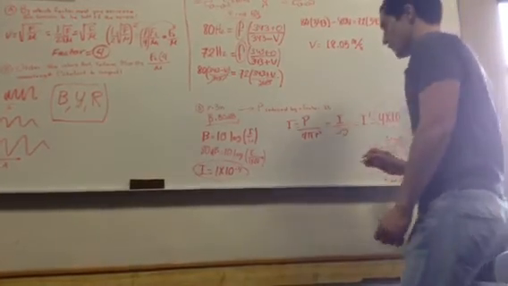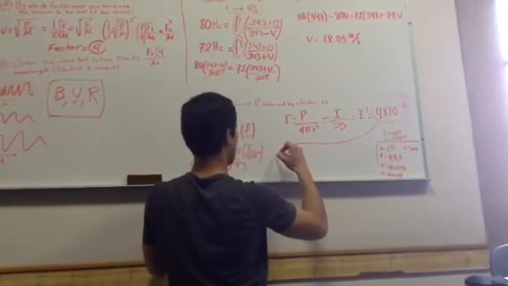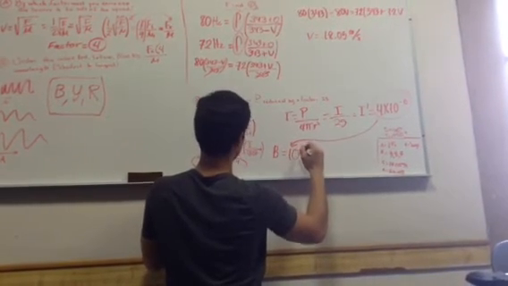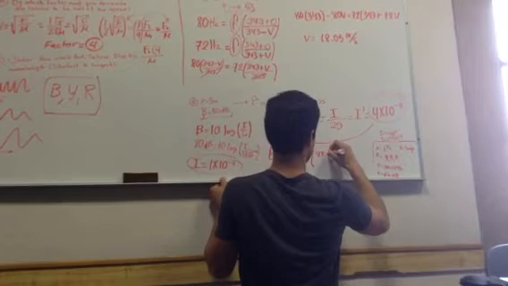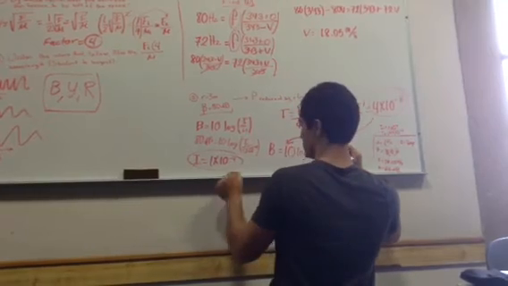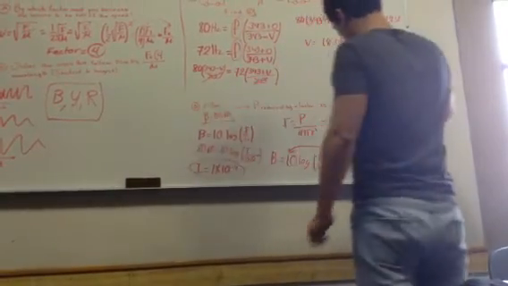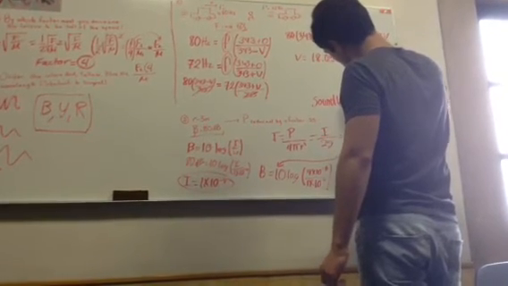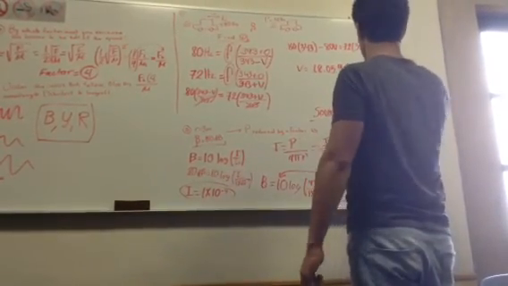And this value can be reinserted in another sound level formula: 10 log of this 4 times 10 to the minus 6 over 1 times 10 to the minus 12, obtaining a new sound level of 66 decibels.